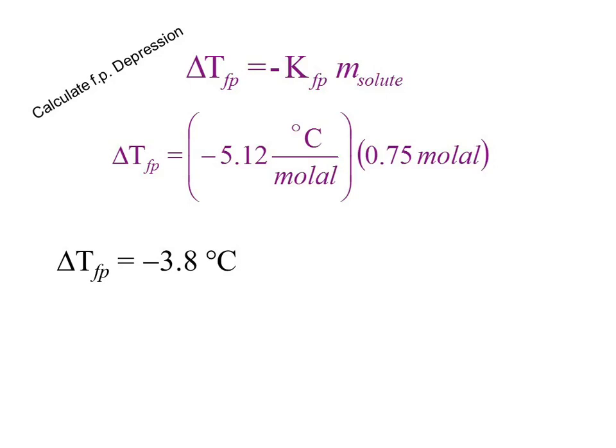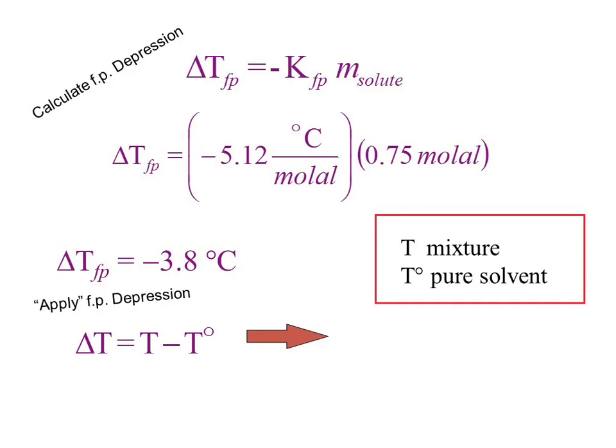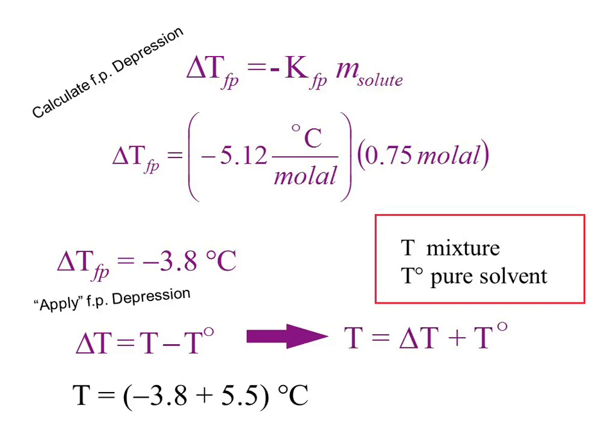So delta TFP is TFP minus T naught FP. And we are solving for this depressed temperature without the naught, the depressed temperature right there. So we could rearrange this and say the depressed temperature is equal to delta T plus T naught. All right.